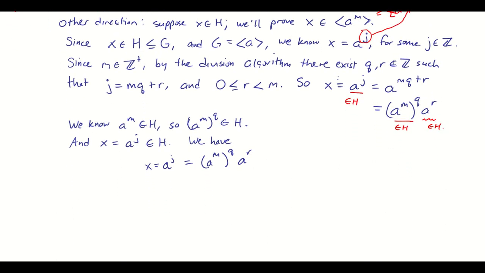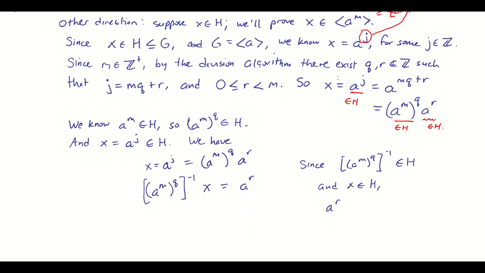Multiplying on the left both sides by the inverse of a to the m to the q, I get a to the m to the q inverse times x equals a to the r. And since a to the m to the q inverse belongs to H, since H is closed under taking inverses, and x belongs to H, a to the r belongs to H.